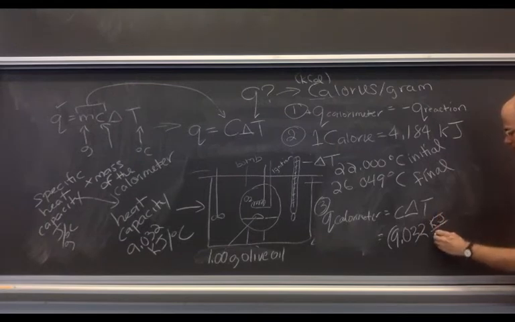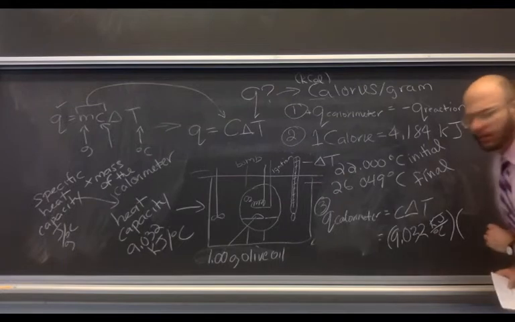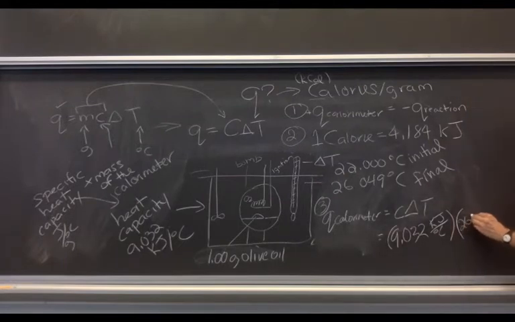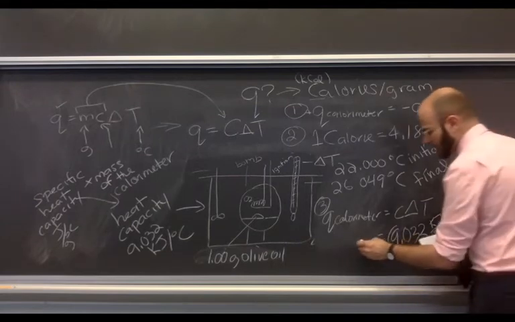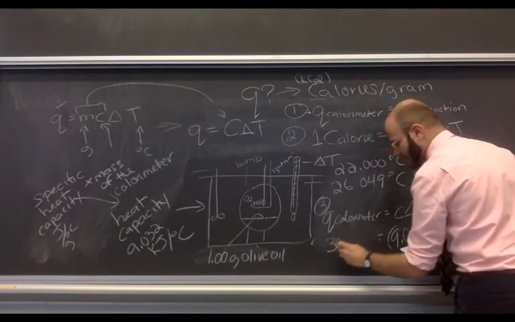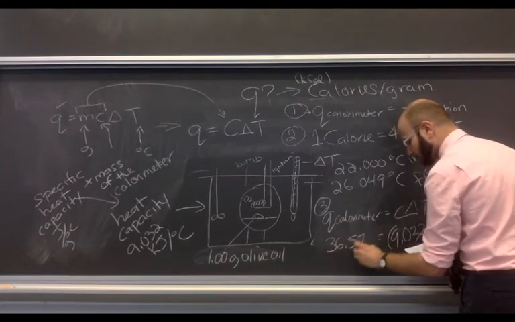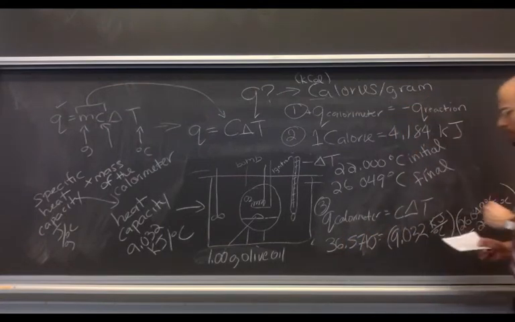And then we'll do our subtraction, right? 26.03049 degrees C minus 22.000 degrees C. Just take a second to type this into whatever you're using to do math with me, because I know you brought your calculator with you. And so we'll find that the Q calorimeter is going to be equal in this case to 36.57 kilojoules. So we're most of the way there.